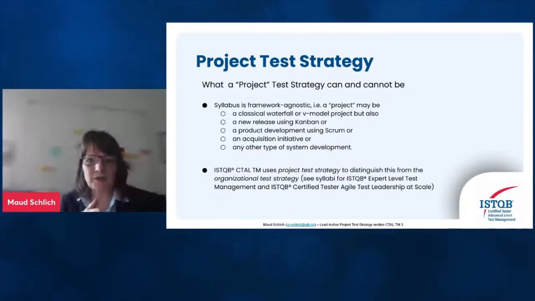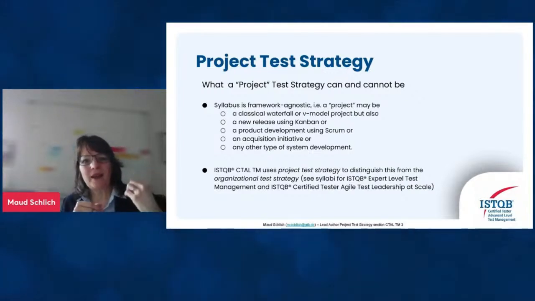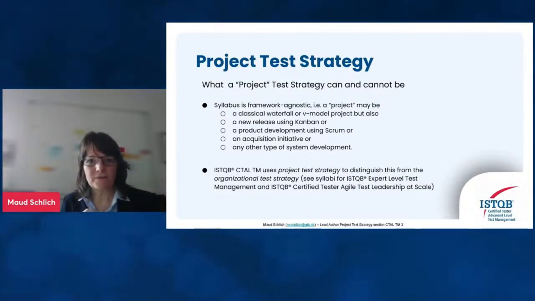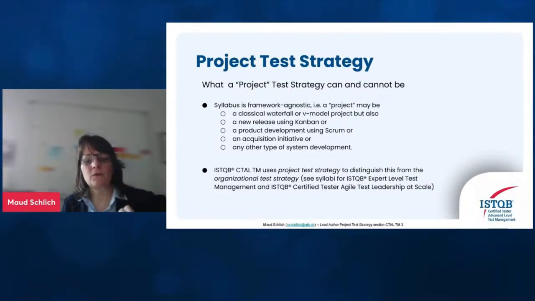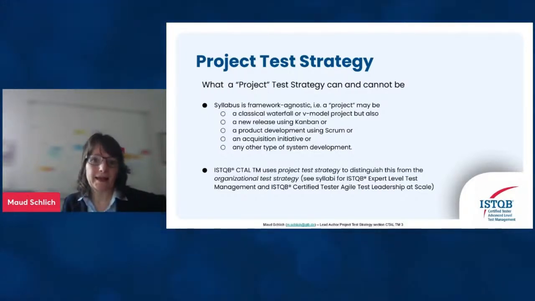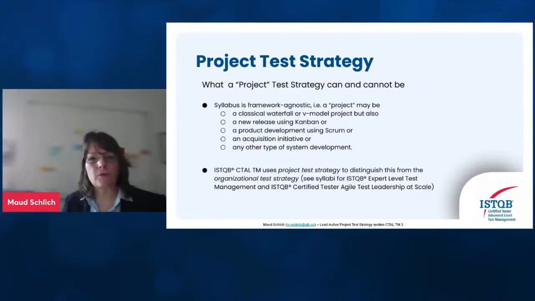The ISTQB talks about the organization test strategy, which is something which is better explained in the Expert Level Test Management syllabus and in the ISTQB Certified Tester Agile Test Leadership at Scale, ATLaS. Both those syllabi are really exploring how to come up with a new organization test strategy.